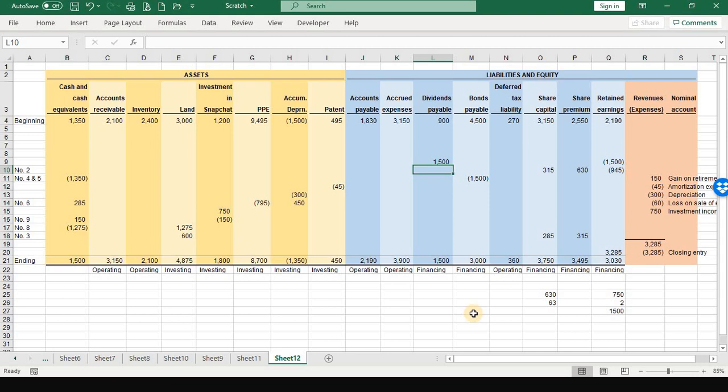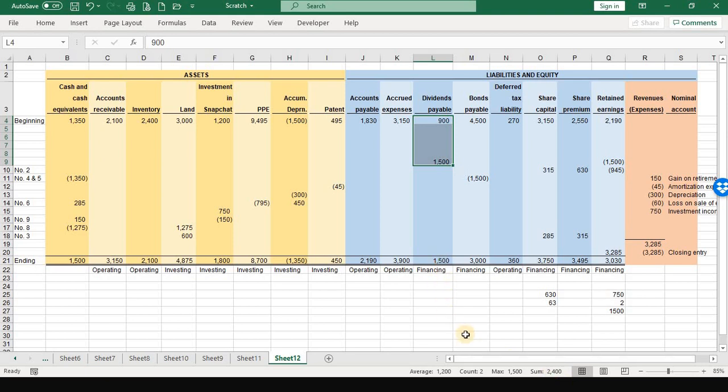Now let's analyze the dividends payable, the last account under financing activity. We have a beginning balance of 900 and we credited 1,500 for the cash dividend in number 7. The total of the two is 2,400.